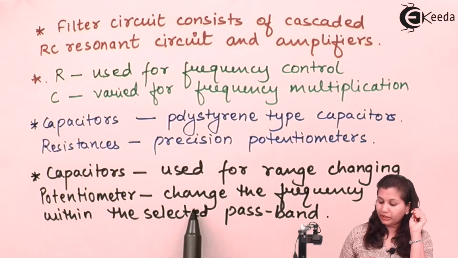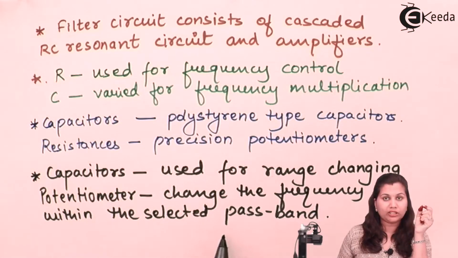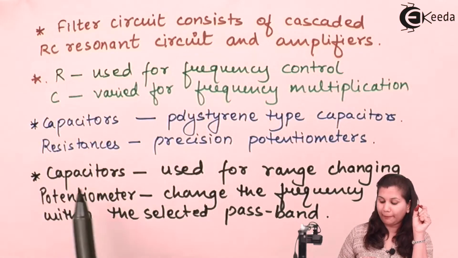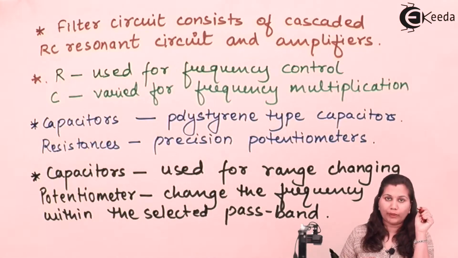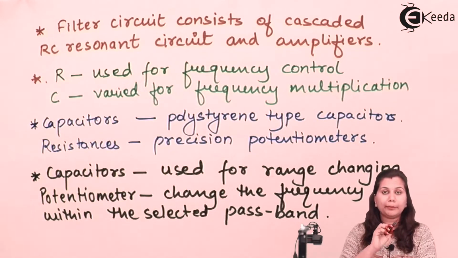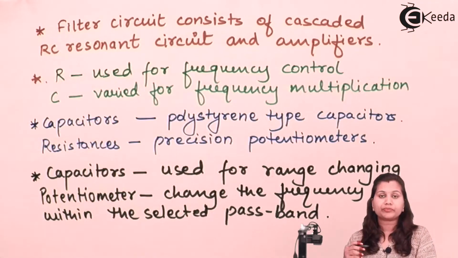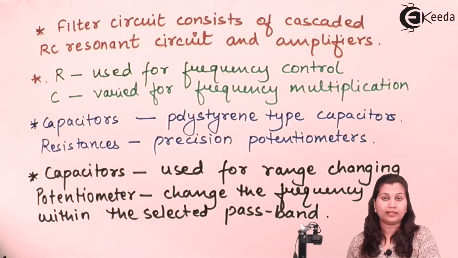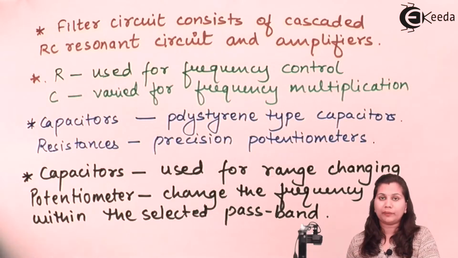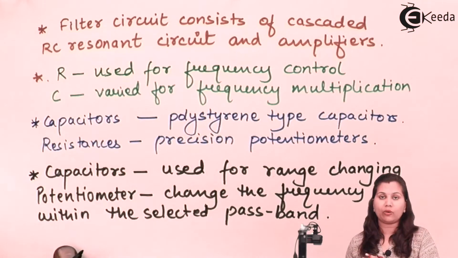So the potentiometer is used to change the frequency within the selected passband, and the capacitor is used for changing the range of the frequency. In this way, the complete high Q filter identifies the frequency component of the signal, and the magnitude of that frequency component will be indicated by the meter.